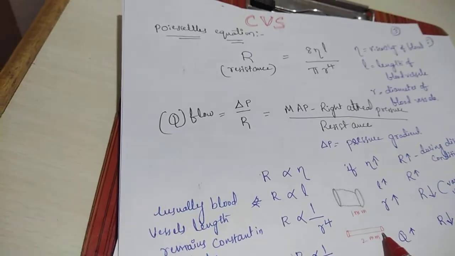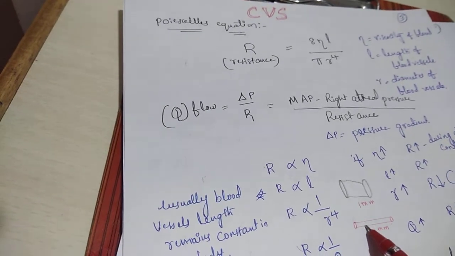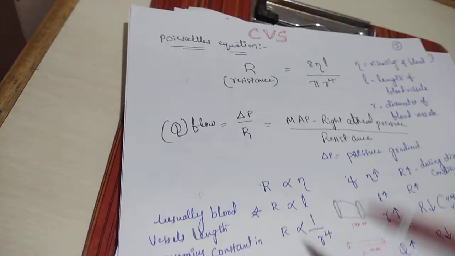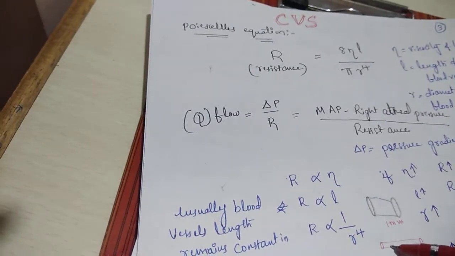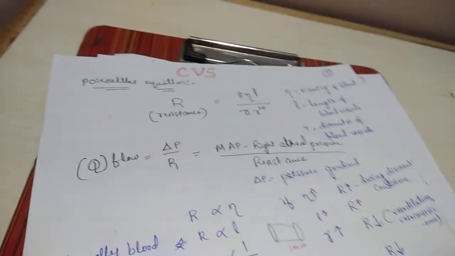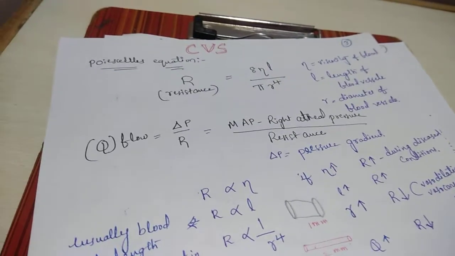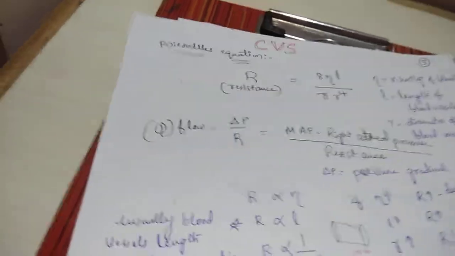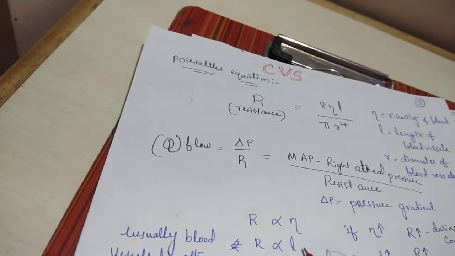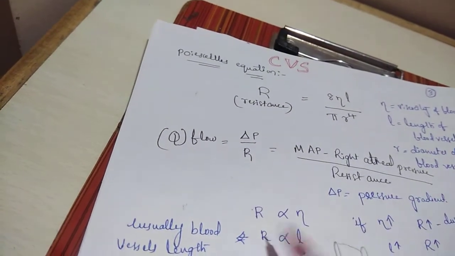We are increasing the length, so ultimately the diameter will be reduced, isn't it? If we increase the length, the diameter and the radius will be reduced. If we send anything through a narrow pipe, it will be a little hard to move along. So ultimately, if length increases, resistance increases.